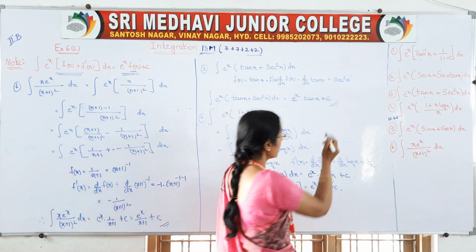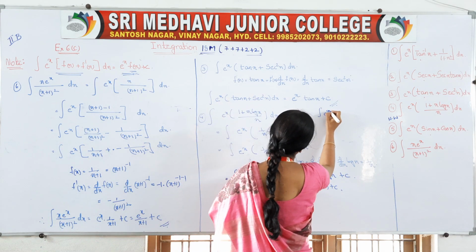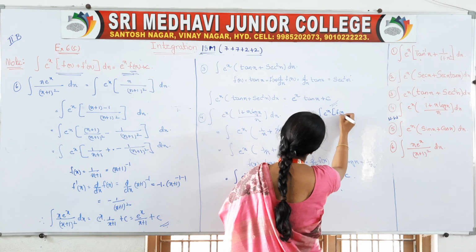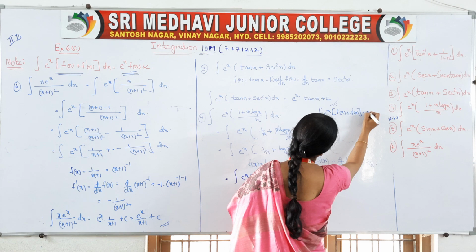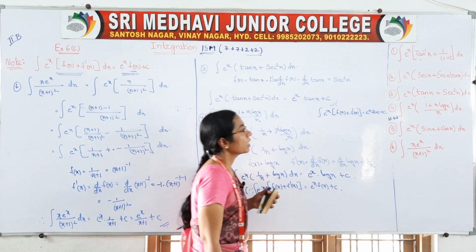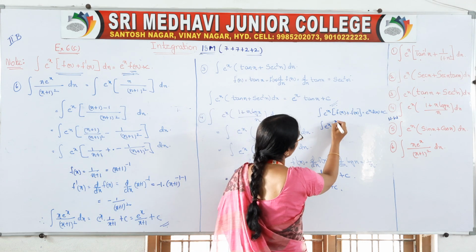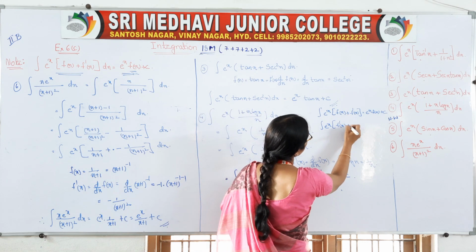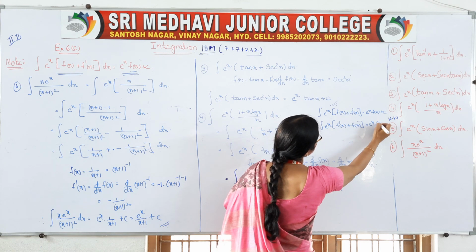The formula is integral of e to the power of x [f of x plus f dash x] is equal to e to the power of x f of x plus c. So here plus is there. So same, if we have f dash x plus f of x, then also the formula will be the same.